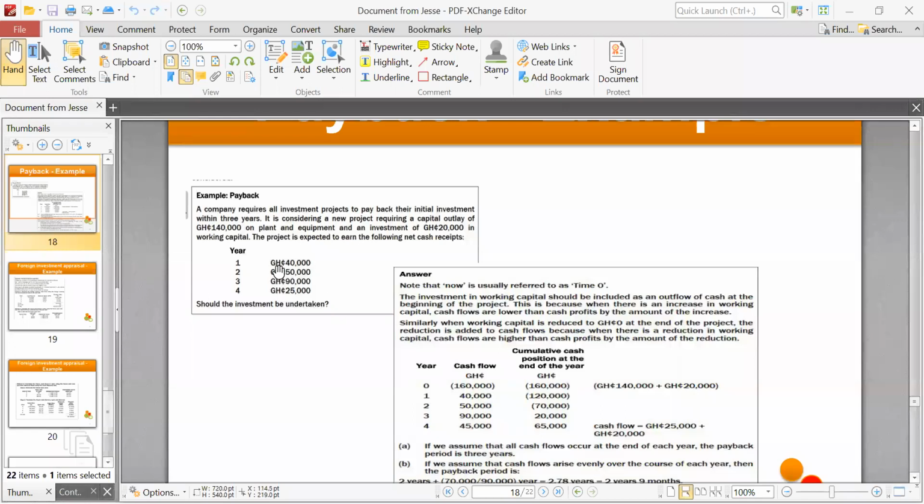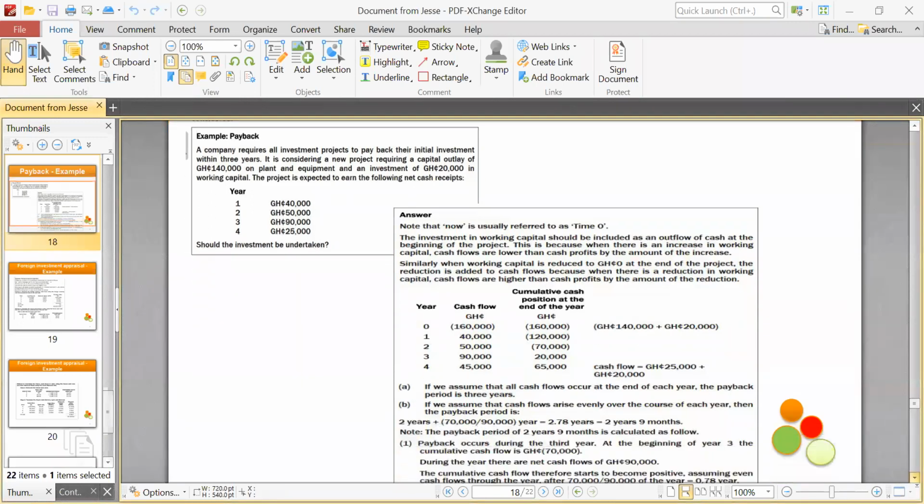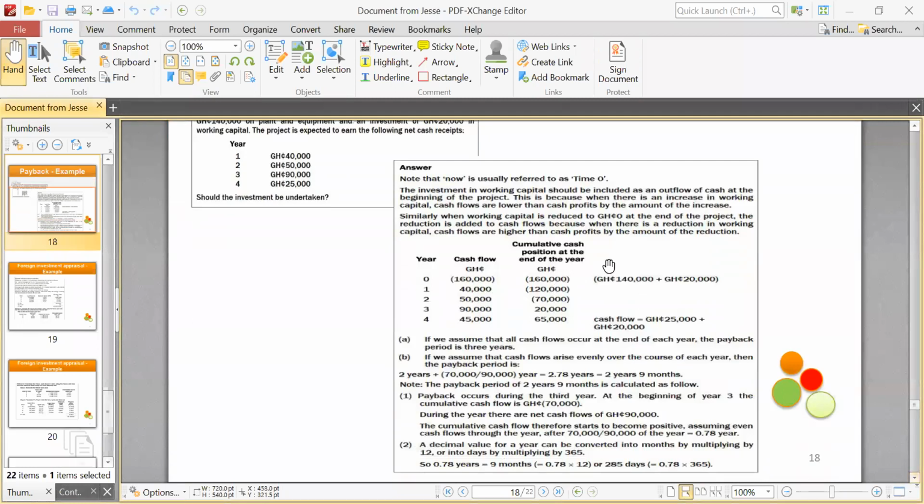Now in year one, you have 40K, year two, 50K, year three, 90K, year four, 25,000. Let me go to the answer part because that would help you understand it. Now you have year zero, 160,000. The 160,000 is a cash outlay or cash outflow, so it should be negative.